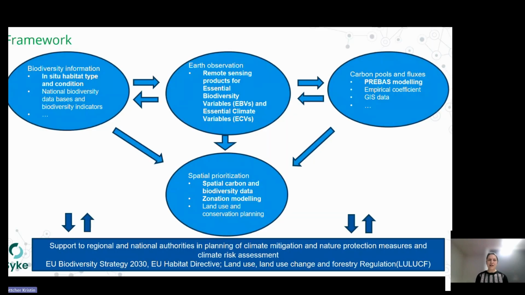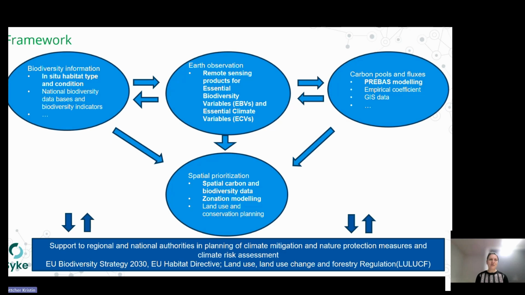So with the next slide, I show you the overall framework of our work. Not all of this is done in the BioClima project, but our results and our work will feed into a more general workflow that goes on in our institute and other projects also.